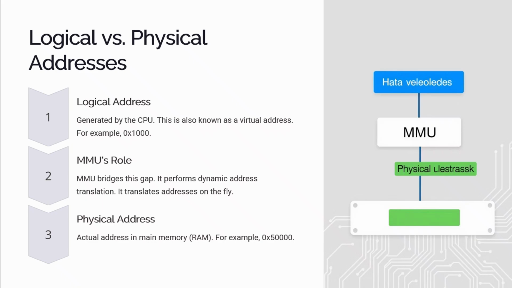A physical address, on the other hand, is the real location in memory, like a GPS coordinate on a map. The MMU is responsible for converting that logical address into a physical one on the fly. This process is called dynamic address translation. This separation helps with security, multitasking, and flexible memory usage.